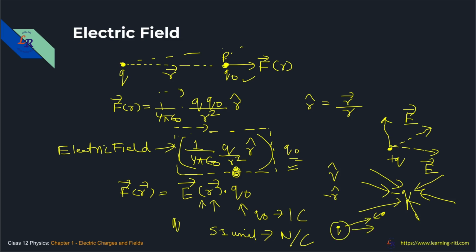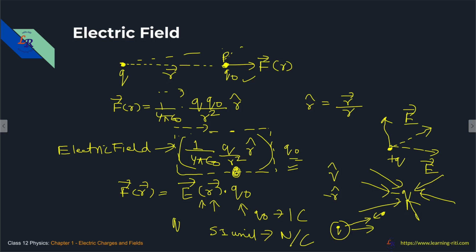So the electric field is a vector quantity, and it depends on the position. With the position, this field will vary, and that's the whole conceptual backing we have given it.